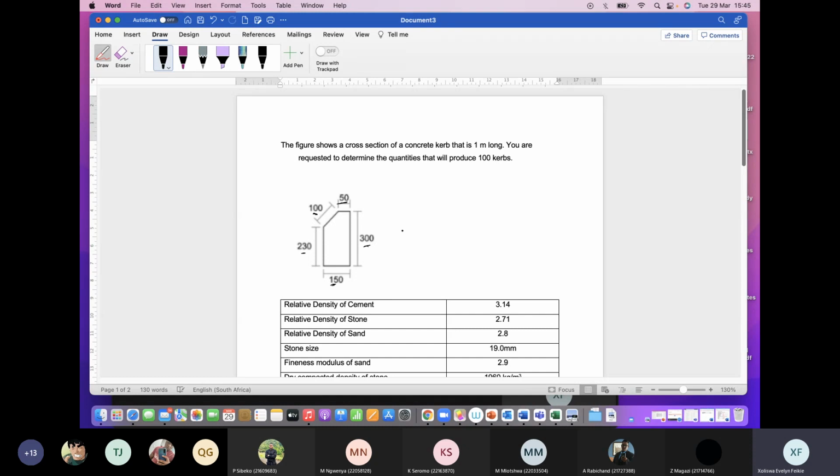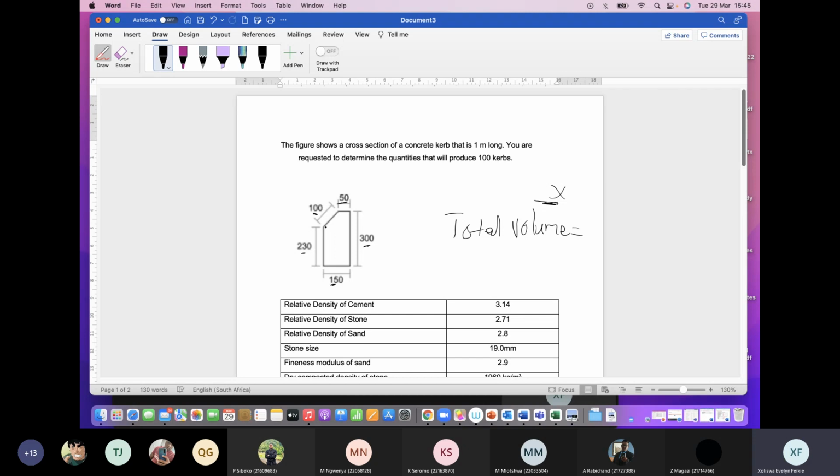Then you need to convert that into meters squared and multiply that by the length, right? So it will give you 1 cab, meaning that 1 cab is that amount of volume times 100 for you to get the total volume. So you need to do that.